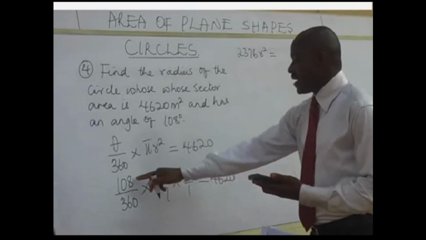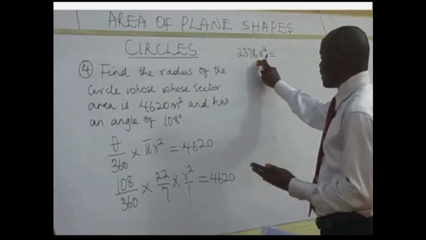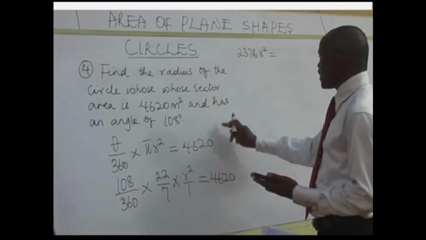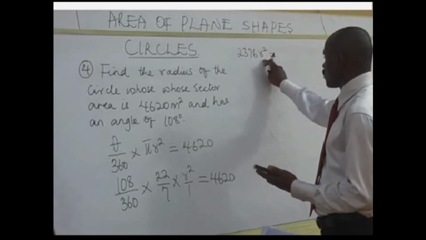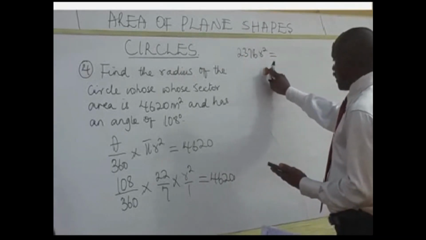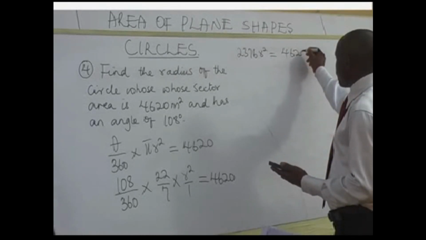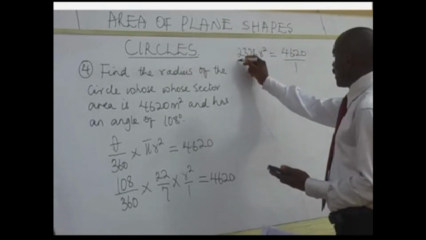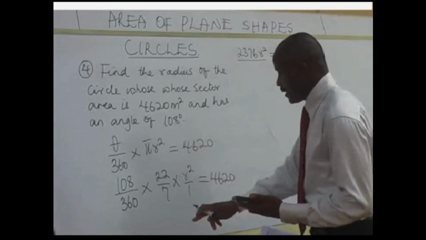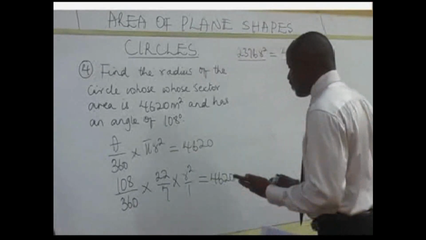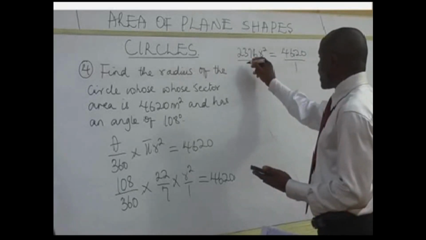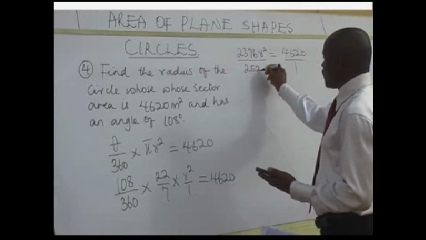I multiplied this and this, gave me 2376. When you multiply it to r squared, to give you 2376 r squared is equal to 4620 all over 1. And this is going to be all over, multiply this and this, is going to give you 2520. I know that value.